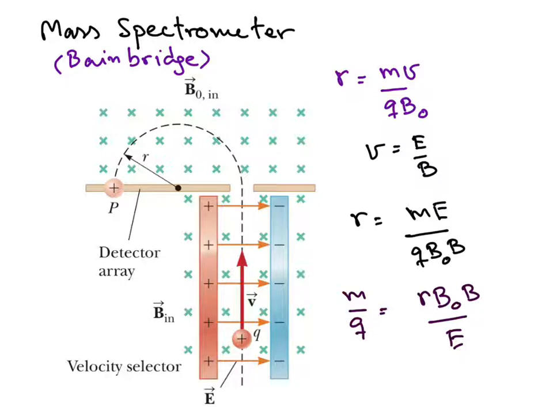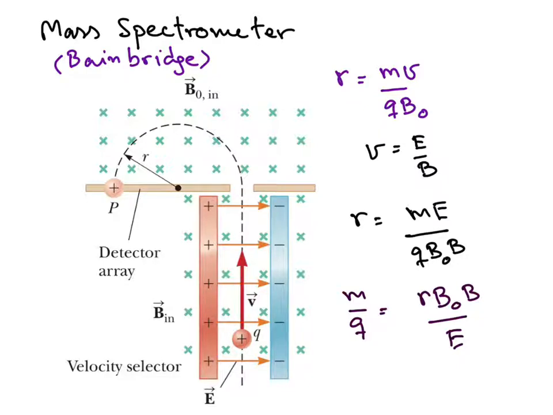As we discussed before, the velocity selector will allow only the particles that have the velocity of E over B to pass through the selector. You can see that this value of v that can pass the velocity selector does not depend on the mass of the particle.